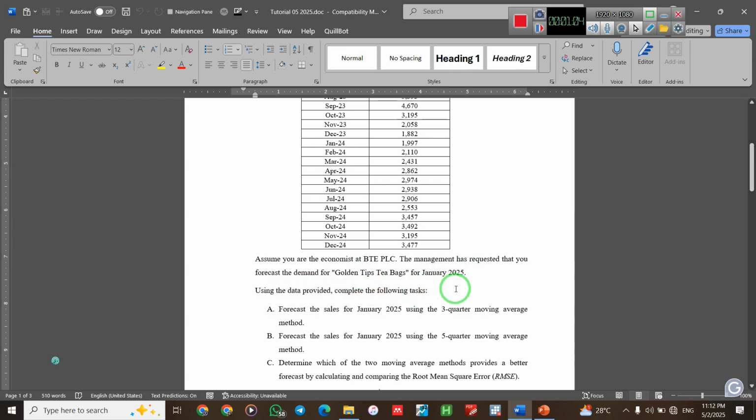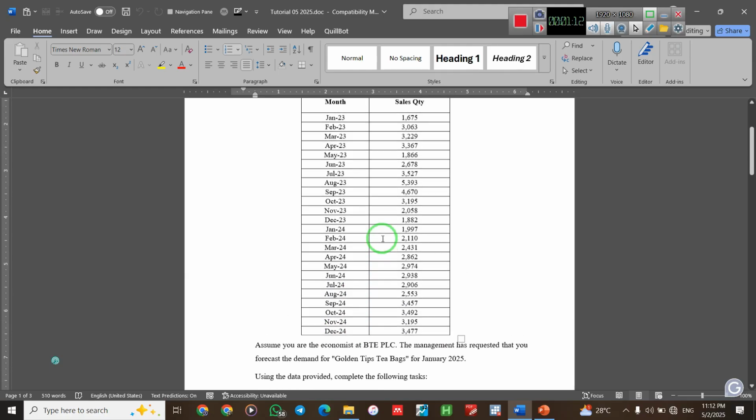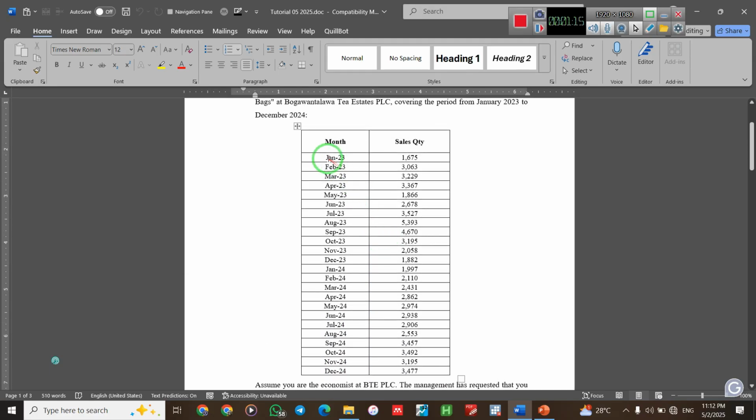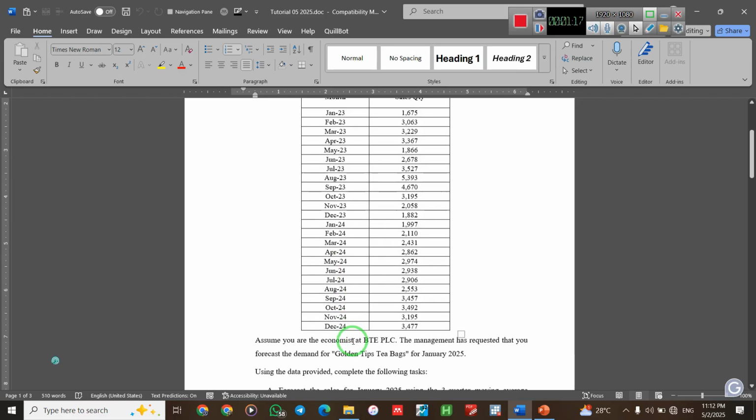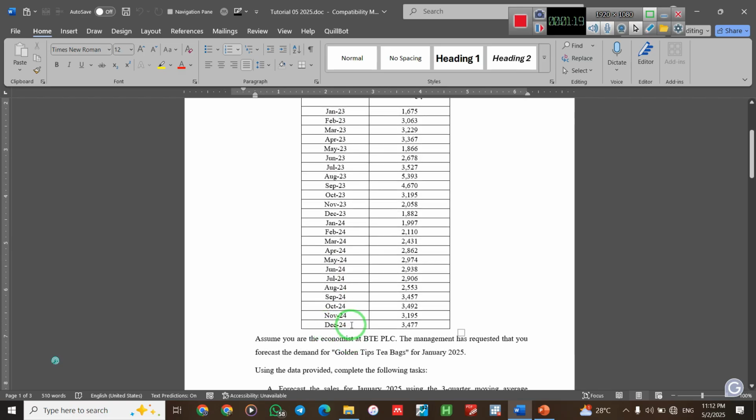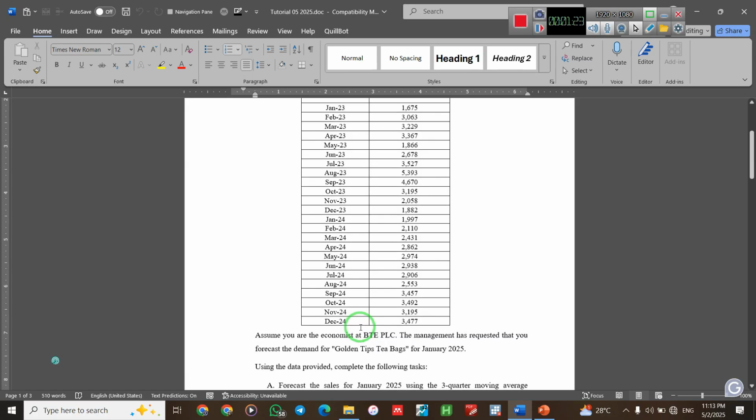So you are the economist at BTE PLC, and the management has asked you to forecast the demand for January 2025. You have the data from January 2023 to December 2024, and they are asking you to forecast the demand in January 2025.